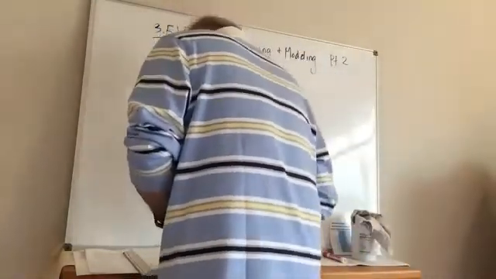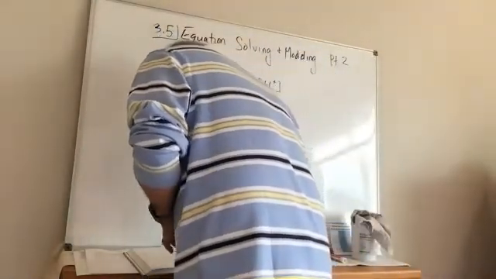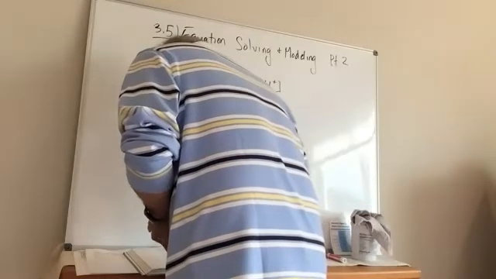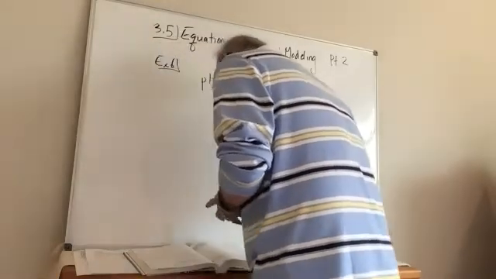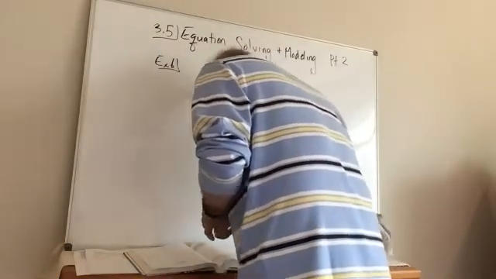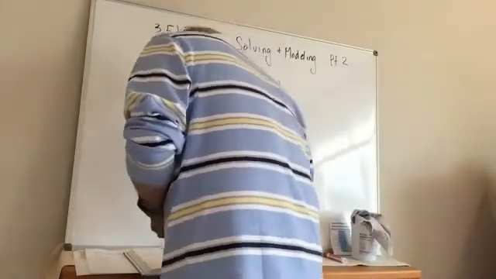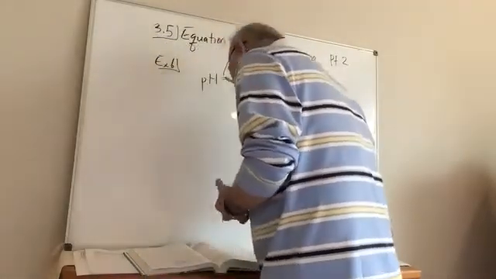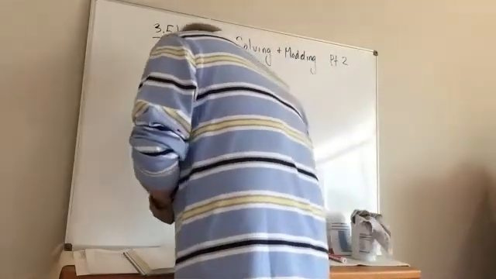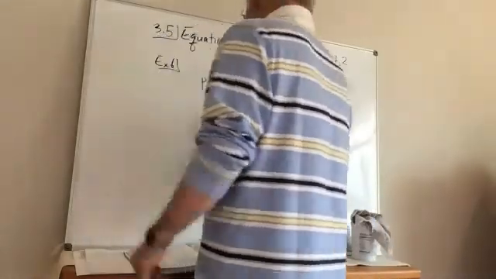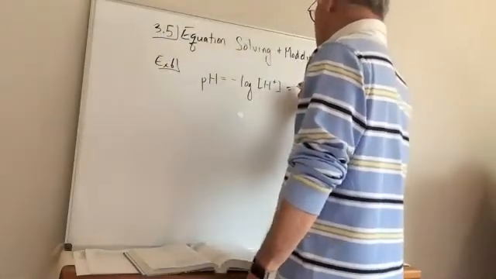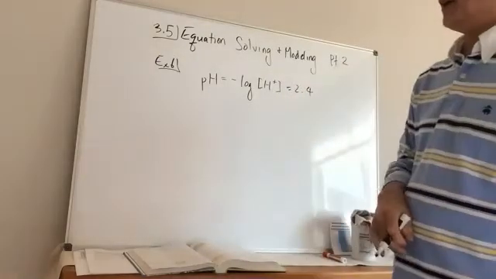Example number 6. Some especially sour vinegar has a pH of 2.4 and a box of baking soda has a pH of 8.4. What are their hydrogen ion concentrations? So for the vinegar, the pH was 2.4, right?